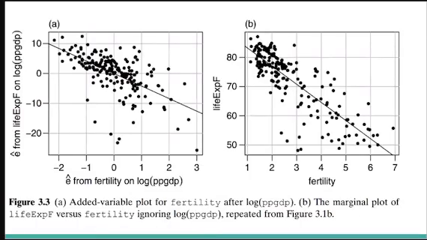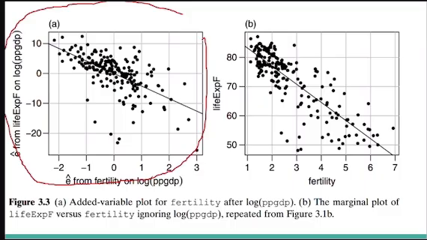And you're going to see what I have. Take a look at this. You see error cap, error cap. That is the residual from the first scenario. I'm plotting that against the residual from the second scenario. This is what we call added variable plots.